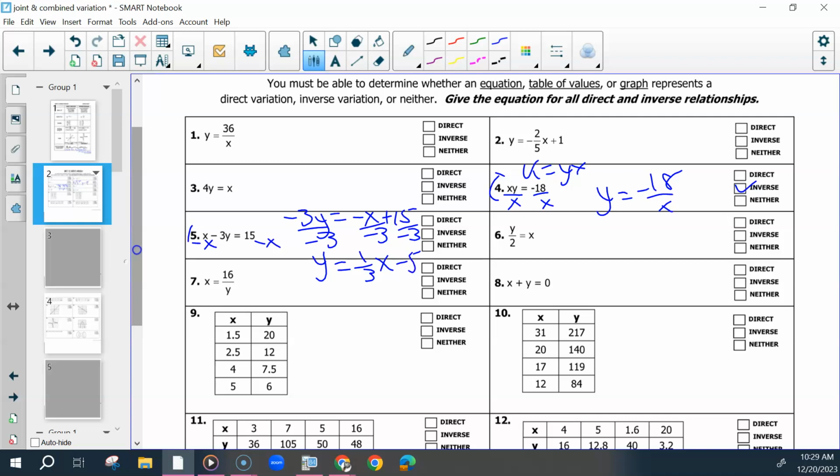Is this direct or neither? Yes, if you're not sure. It is neither. It is a line, but the y-intercept is not 0, so it is neither. Other questions on this page?